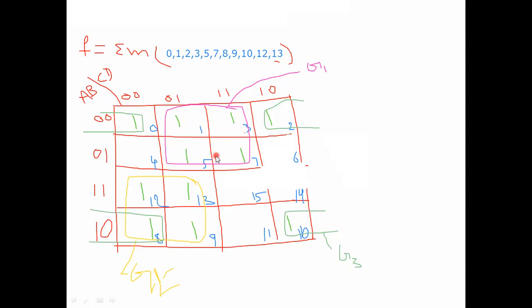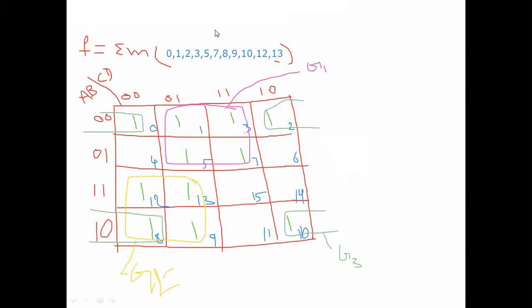There are a number of ways to group the adjacent ones, but we are trying to reduce the expression as much as possible. So if you group like this, we get only 3 groups. That's why we are grouping like this.